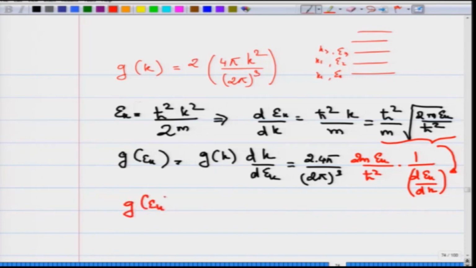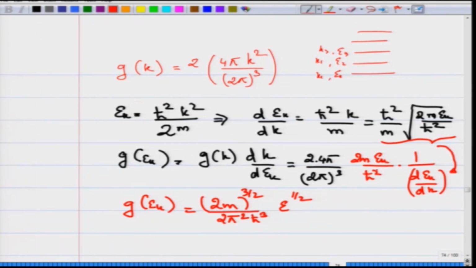And if you put all of these here, you will get the following expression, that this is equal to 2m by 2 pi square, 2m raised to 3 by 2, h cross cube, E raised to half. This is the density of states that you get if you put all of this into this expression.